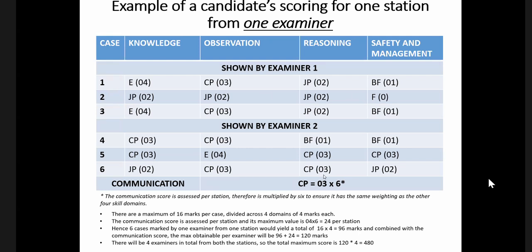So they will create a whole chart. And then in communication, for example, 3 is given, they will multiply by 6. Overall, each examiner will give you 96 plus 24, 120 marks. The total comes out to be 480.